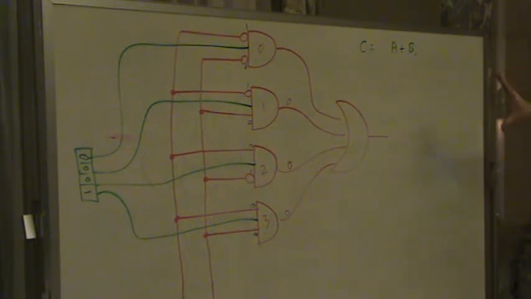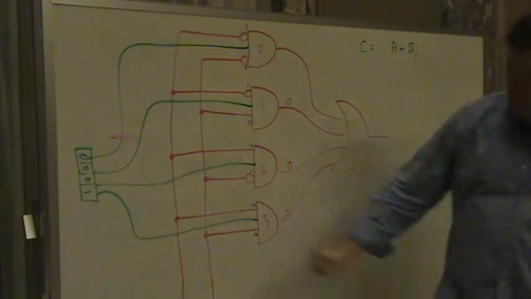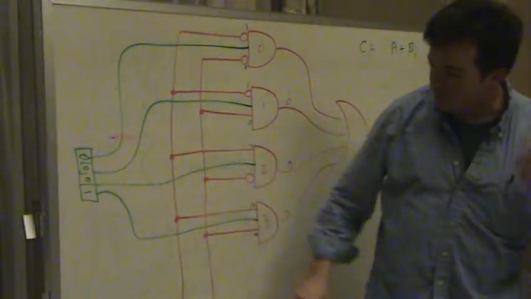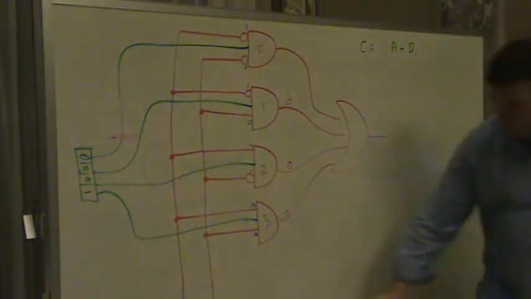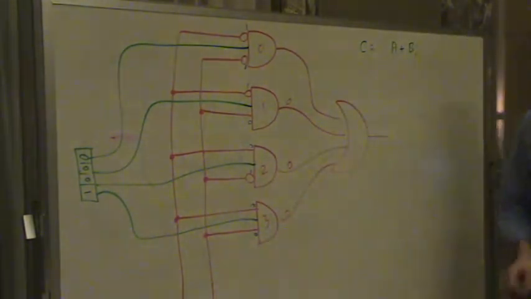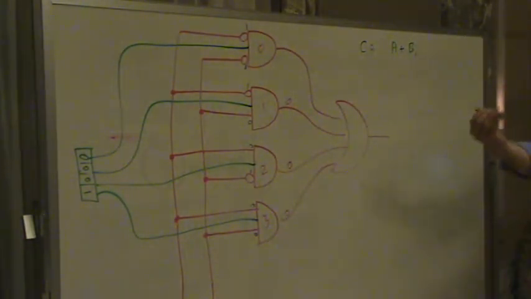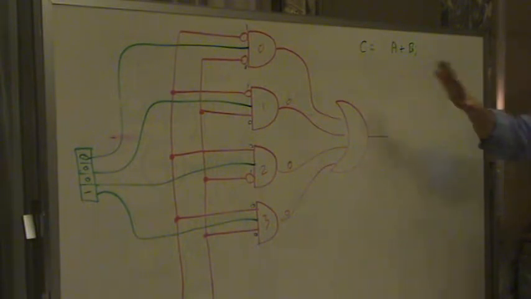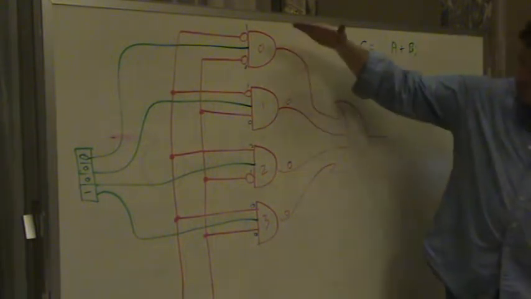But with this type of electronics, we can decide, if these were our 4 memory locations, I can, with these 2 controllers, tell you which one I want to get a copy of. I'll say ignore all the other pieces of memory. There's 4 pieces of memory.